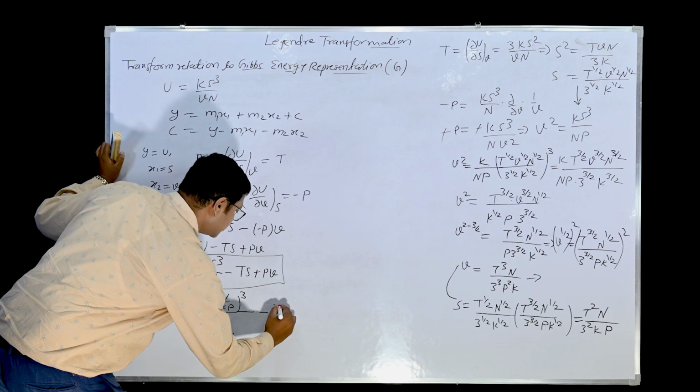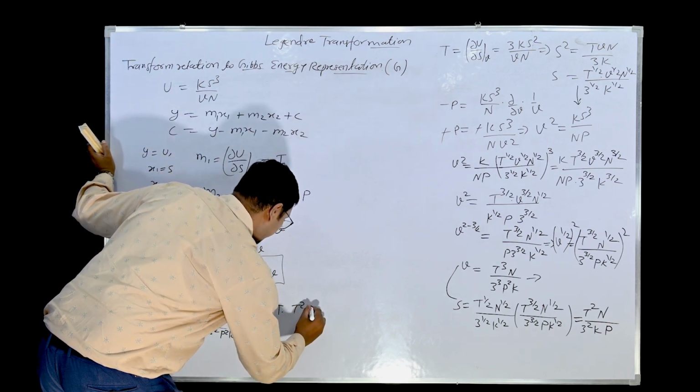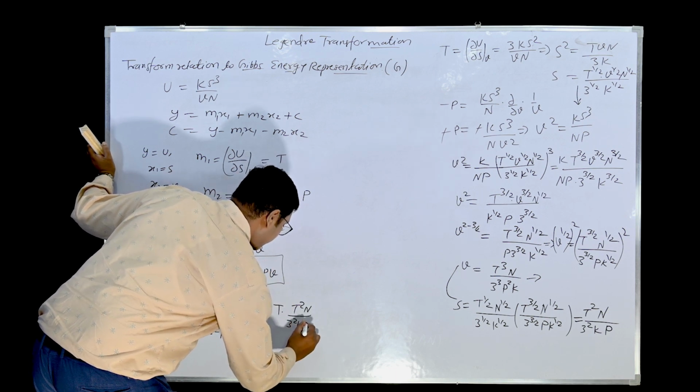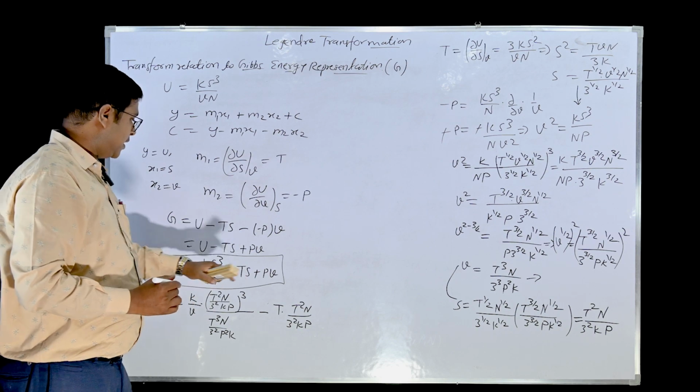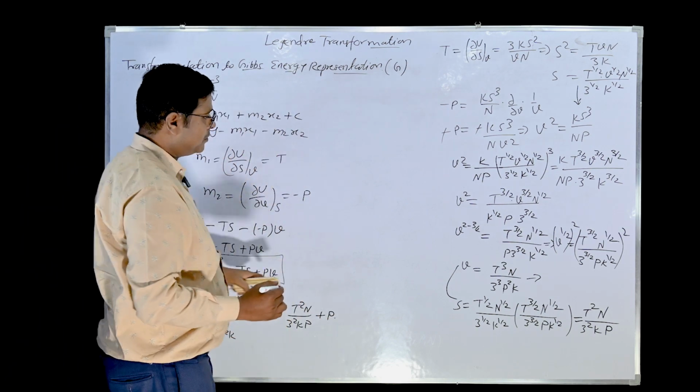minus T into S. S is once again T square N upon 3 square Kp, and plus Pv. So plus P into V. V is what?